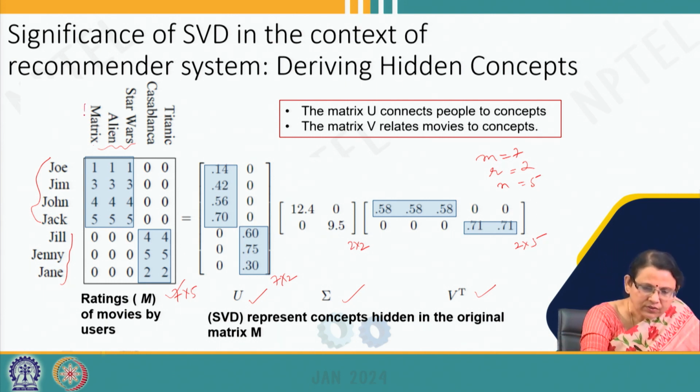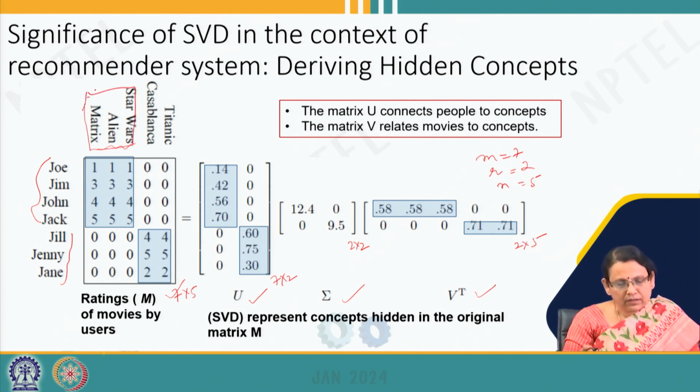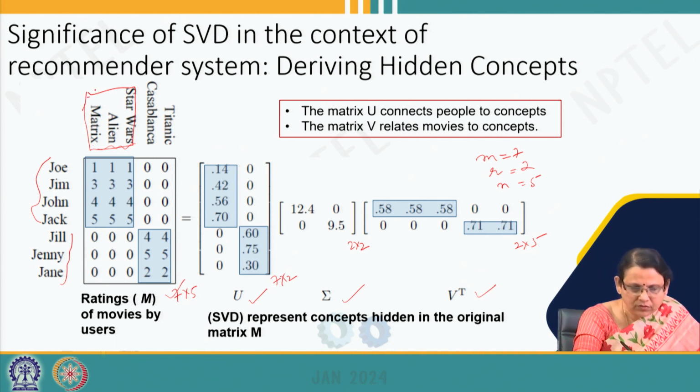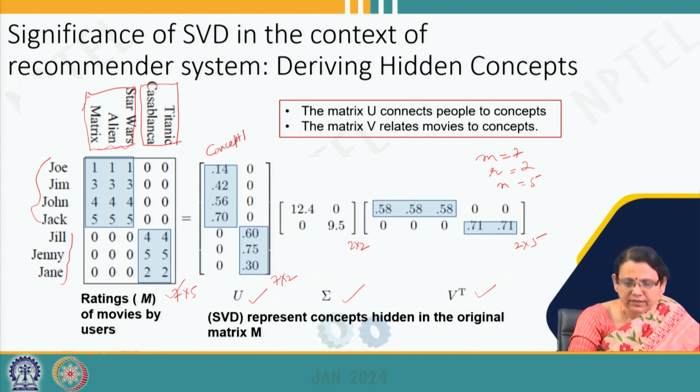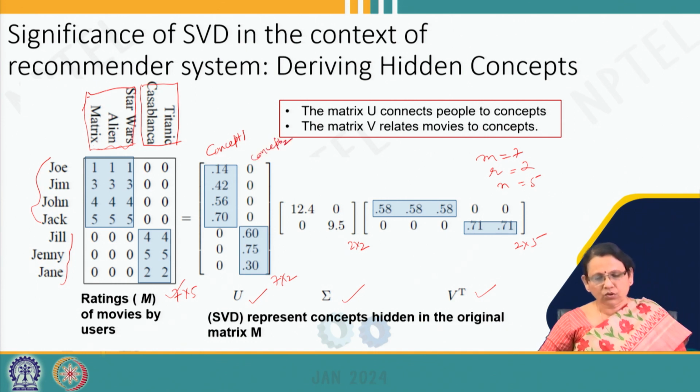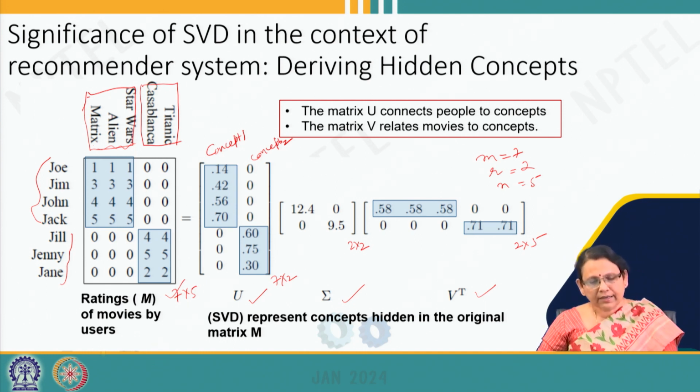So, these 3, let us say, represent the concept of some category of movie, and these 2 represent the concept of another category of movie. So, this is my concept 1 and this is my concept 2. Which means instead of representing all the movies which are action type, I can now represent them in terms of a latent feature through concept 1.